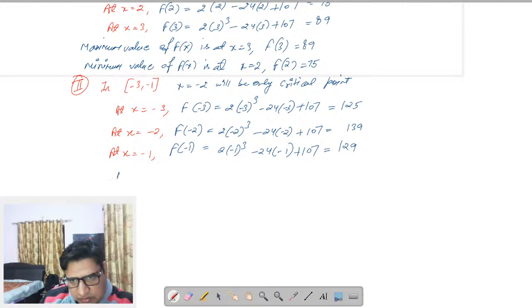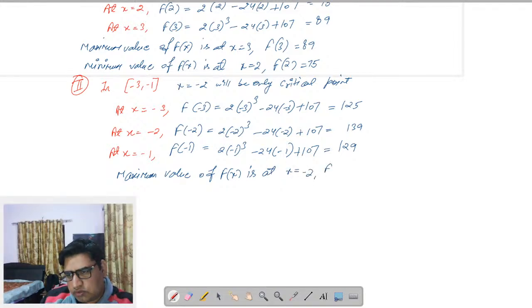Similarly, we will write down here: maximum value of f(x) is at x is equal to minus 2, and that is f(-2) is equal to 139.